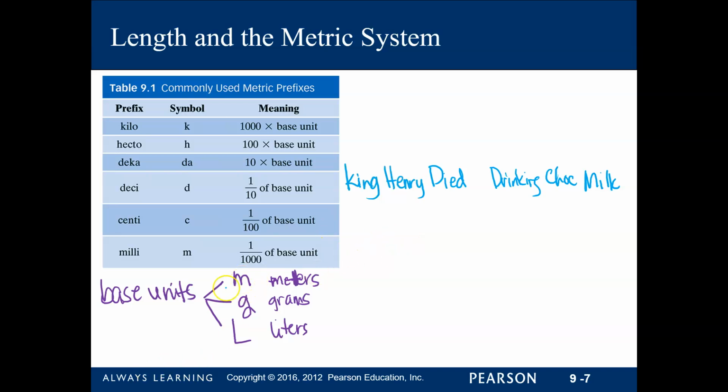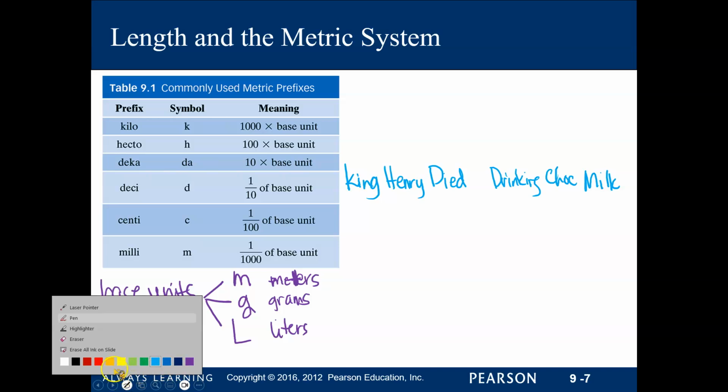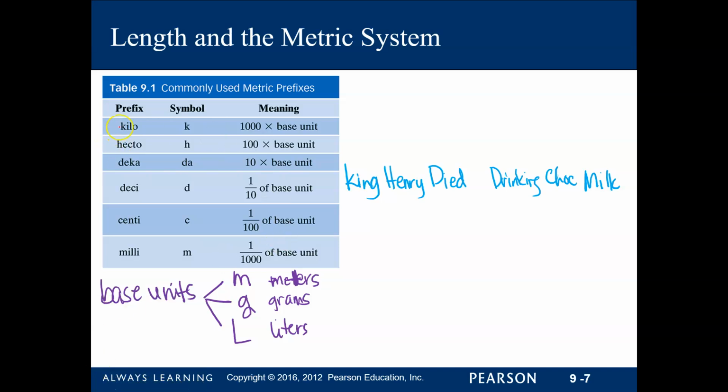So why does it have to be King Henry died drinking chocolate milk? That is the order of our K, H, D, and then D again, C and M. So King Henry died drinking chocolate milk. Your base units is gonna be right over here. Okay? It's the base. So this is your kilo, hecto, deca with a K. Whatever was the base unit, this is deci, centi, and milli.